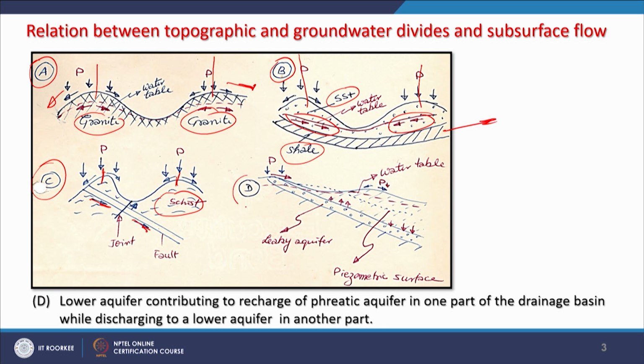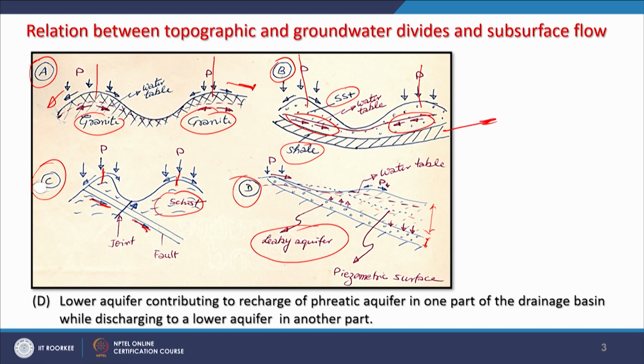And in the last one, D, what you see here is that this becomes leaky aquifer conditions, where the piezometric surface or water table is here, and you have some fractured rocks there, and then some sedimentary rocks, which become your leaky aquifer. So again, these mounds, that geomorphology or topography, will not control the groundwater movement.